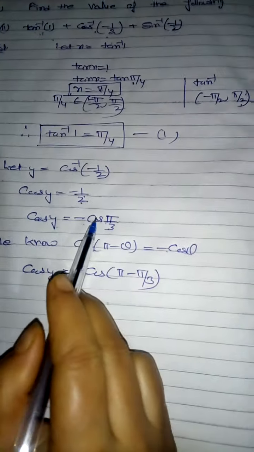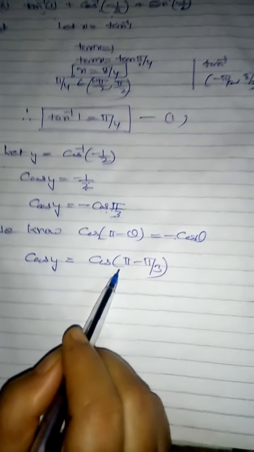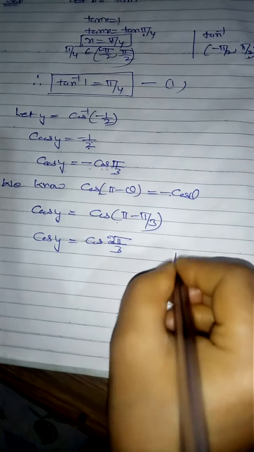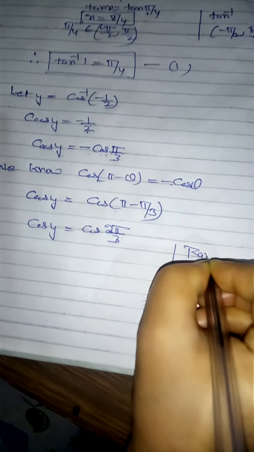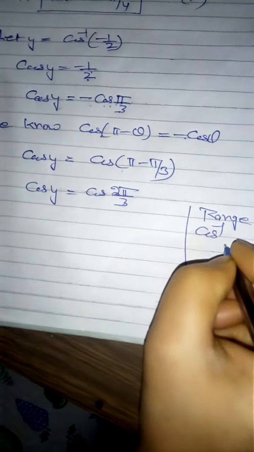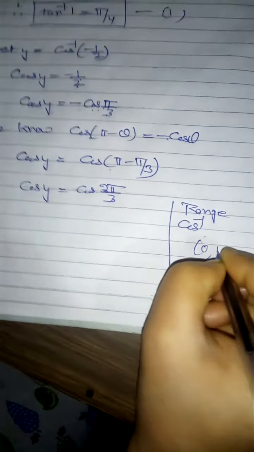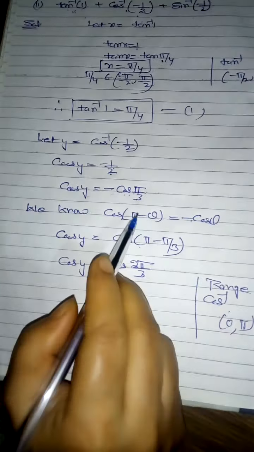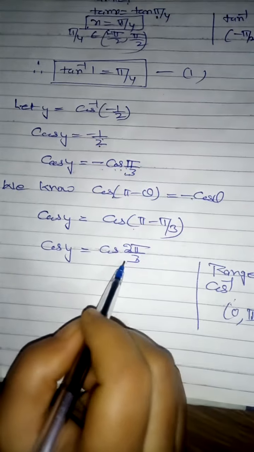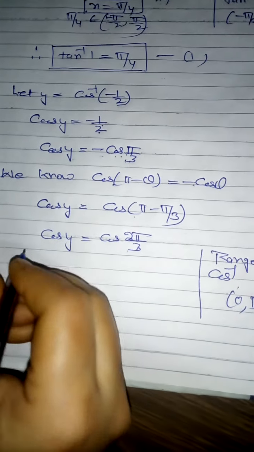So cos y equal to cos of 2 pi by 3. The range of the principal value of cos inverse is 0 to pi. That's why we change minus pi by 3 to 2 pi by 3. Is it clear?